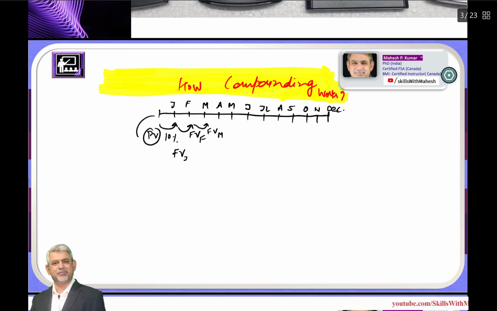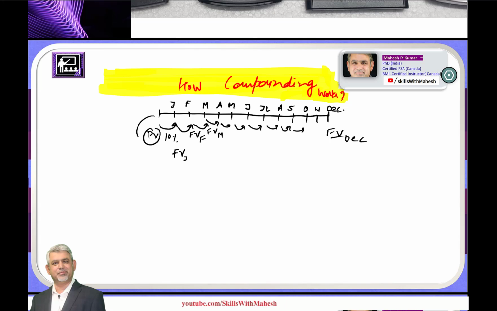And then this will become base value, and so on. We will be compounding this present value 12 times in a year, and finally we will find out the future value at the end of the year, which is December 31st.